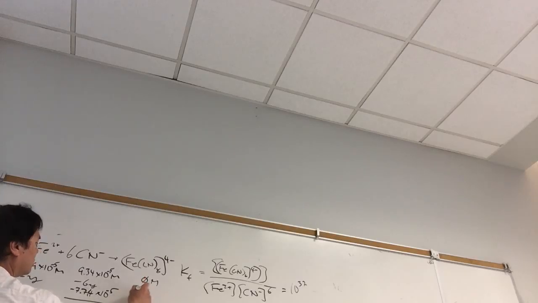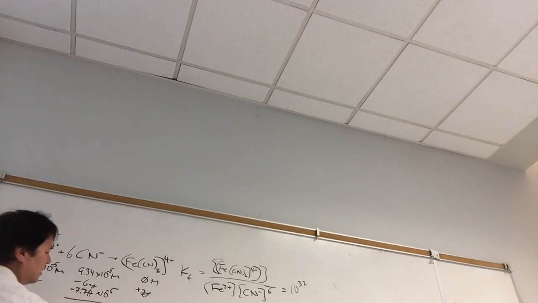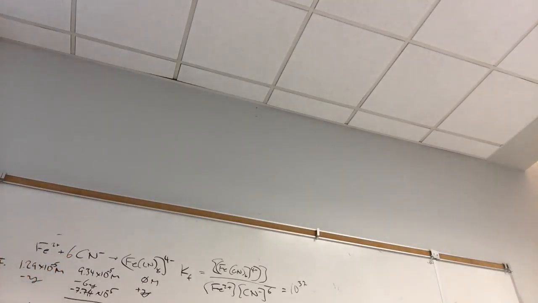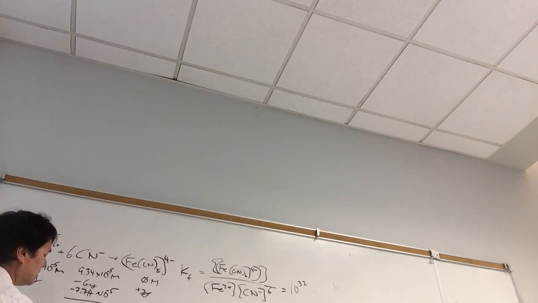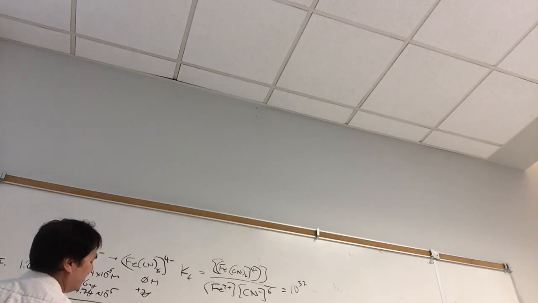And then this would be plus y. Plus y is going to be 1.29 times 10 to the minus 5 molar here. So the change here is going to go this way. So this is going to be plus x, plus 6x, minus x. And so at equilibrium, I'm going to get x molar iron 2, 1.60 times 10 to the minus 5 plus 6x molar, and then 1.29 times 10 to the minus 5 minus x molar.